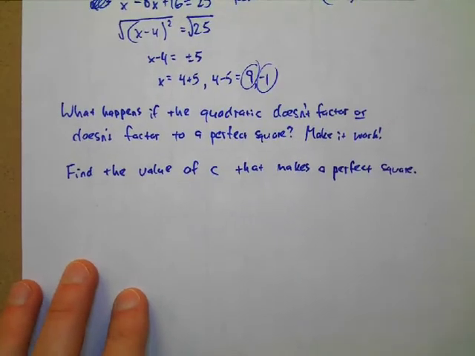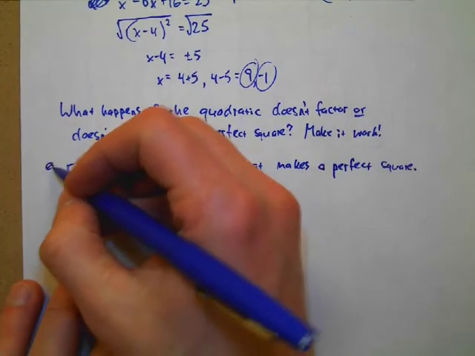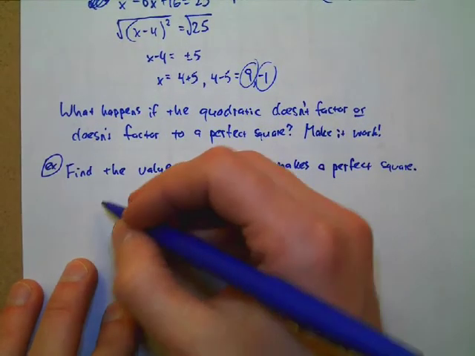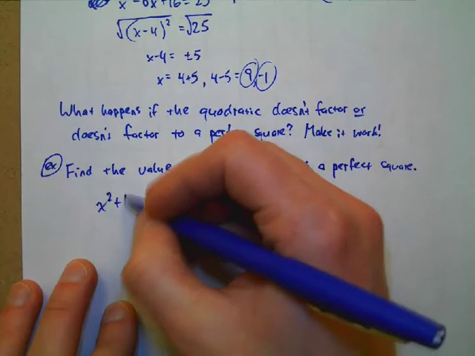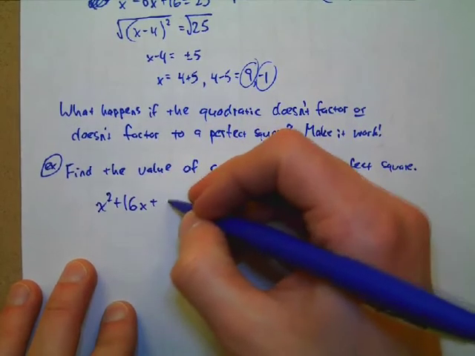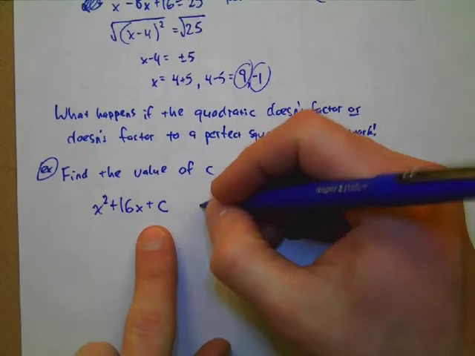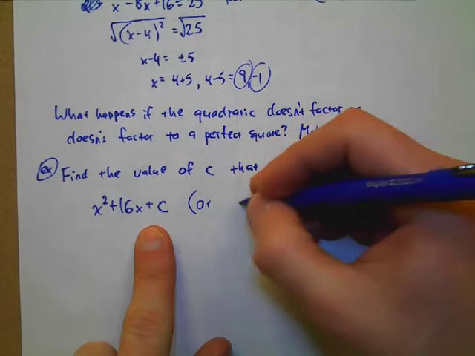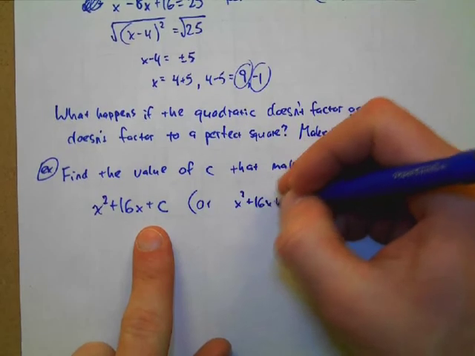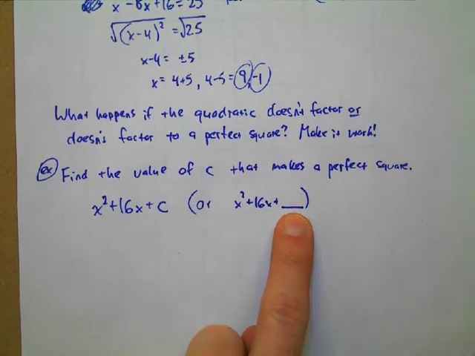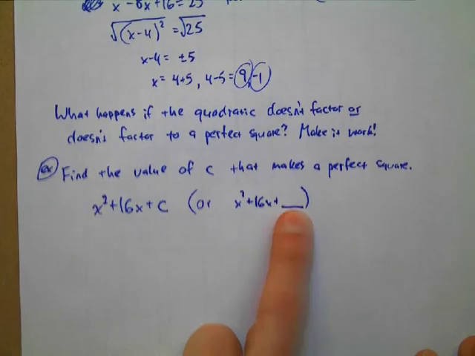We'll do an example here. We'll start with x squared plus 16x plus c, and we want to be able to factor this thing. Or you can also think of this as x squared plus 16x plus blank, and we're going to fill in this blank so that this thing factors to a perfect square.